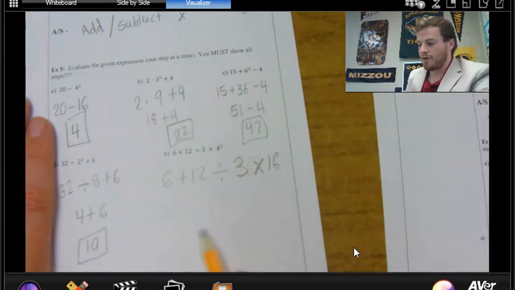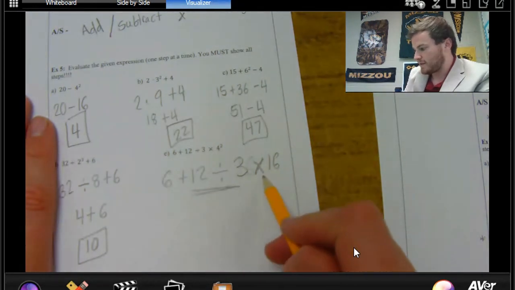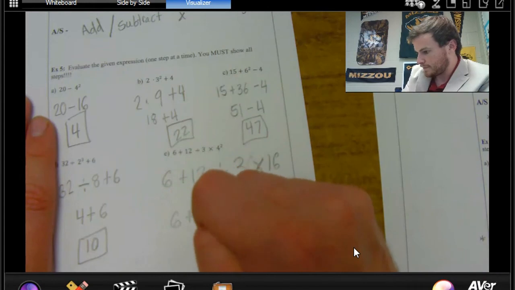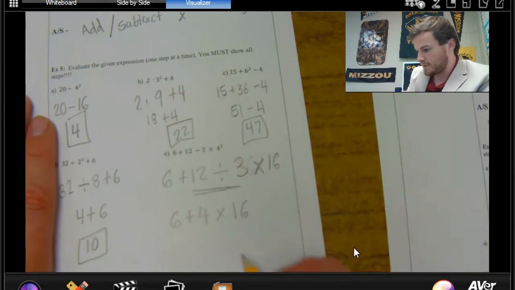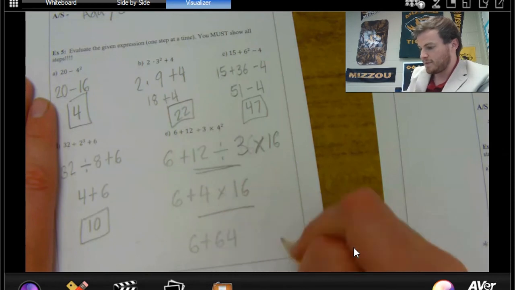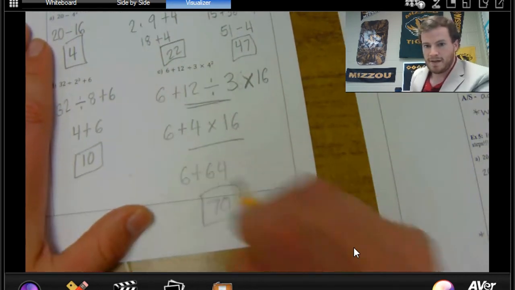Next up, we do left to right. So that means we do 12 divided by 3 before we multiply by 16. So it's going to be 6 plus 4 times 16. Then we do the 4 times 16, which is equal to 64. So 6 plus 64. 64 plus 6 equals 70. And we will box around that.